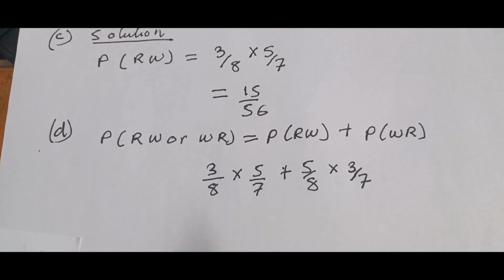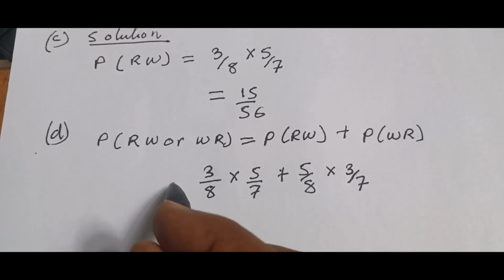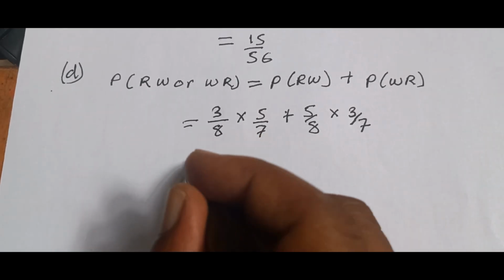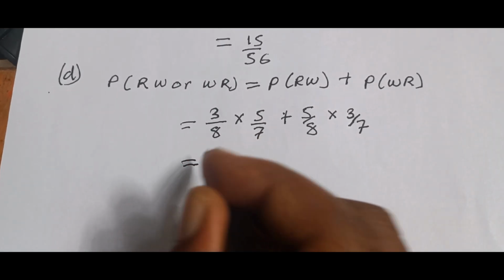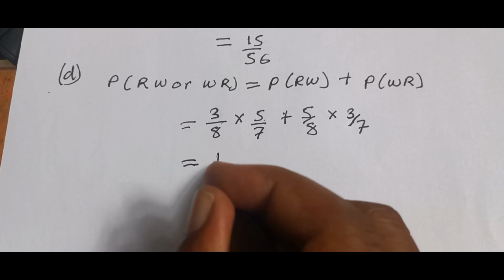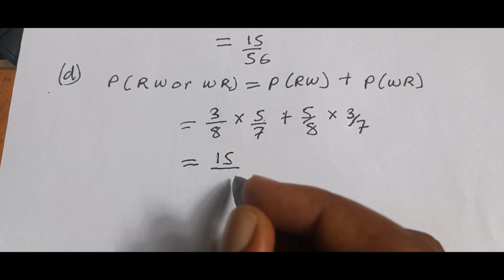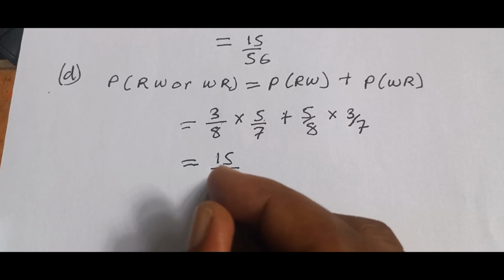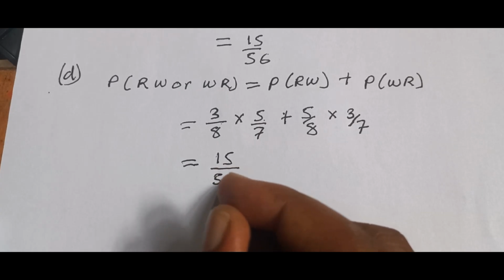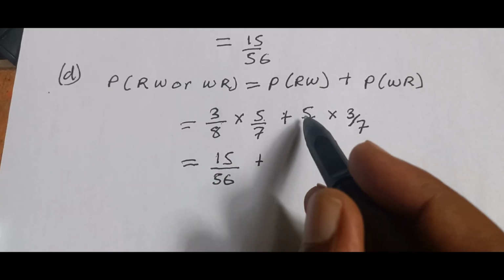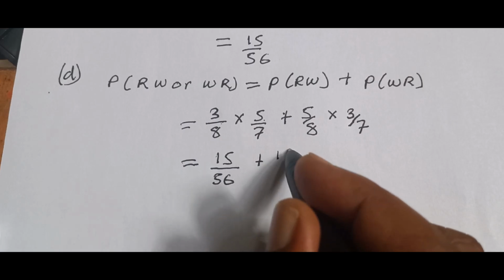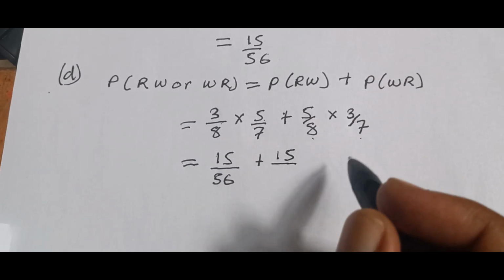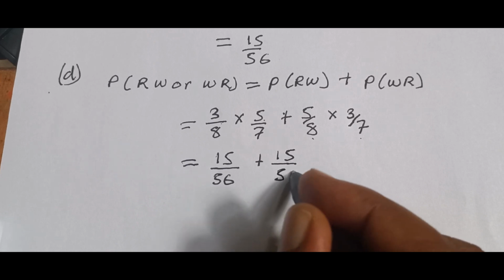Okay, here we have 3 times 5, we get 15. 8 times 7, this is equal to 56. Plus 5 times 3, we get 15. 8 times 7, we get 56.